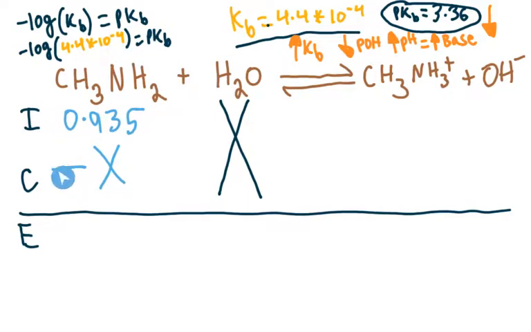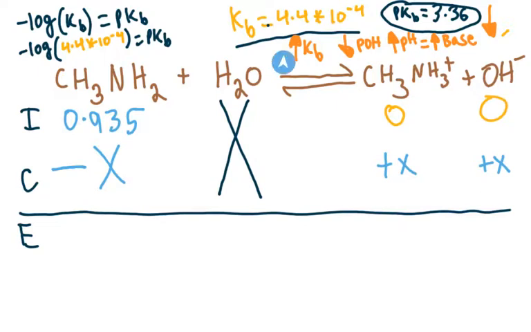If we lose that unknown concentration X for methylamine, we're going to gain X for our methylammonium cation and our hydroxyl group. And initially, we don't have any products because the reaction just started.